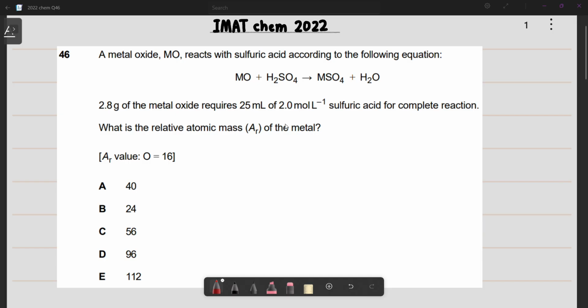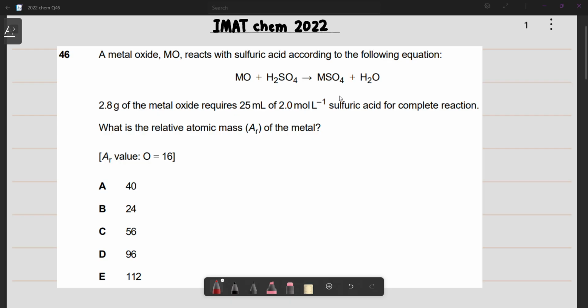So atomic mass is the sum of protons and neutrons, but here we won't just use that. We'll use this given mass and the volume and the concentration of the given substance, the reactants. Okay, so first we must ensure that this equation is balanced. So overall it seems it's balanced, so we can skip that part. It's already balanced.